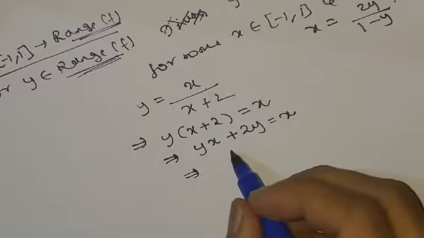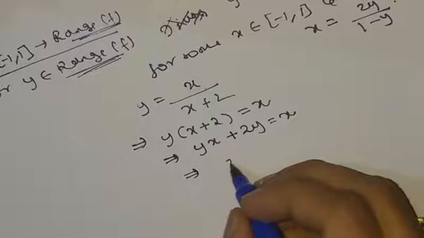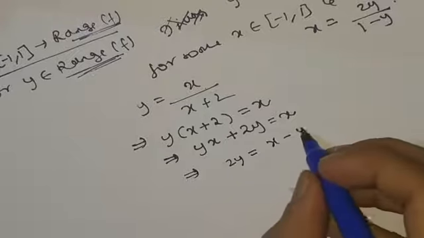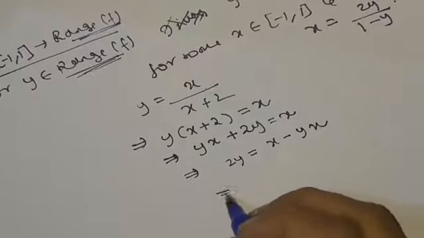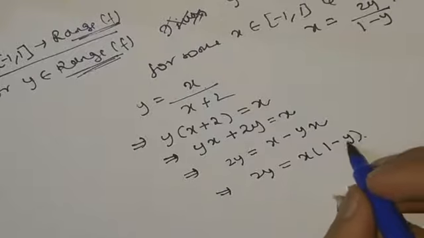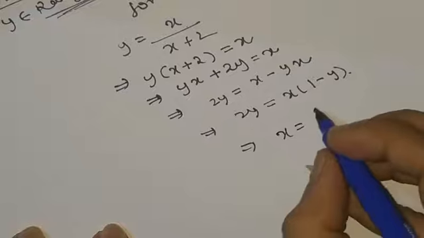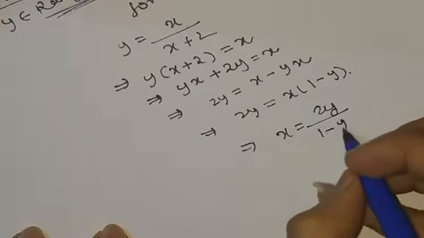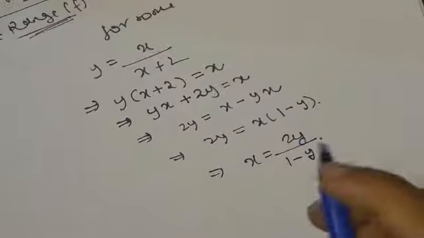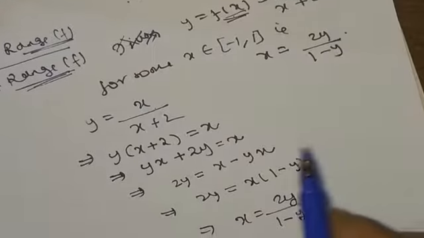Now since we have to find x in terms of y, we can take yx on the other side. So 2y equal to x minus yx, right? So that means 2y is equal to x multiplied by 1 minus y. So what you will get is x is equal to 2y divided by 1 minus y. So this is what we are getting, and that is what is written here.